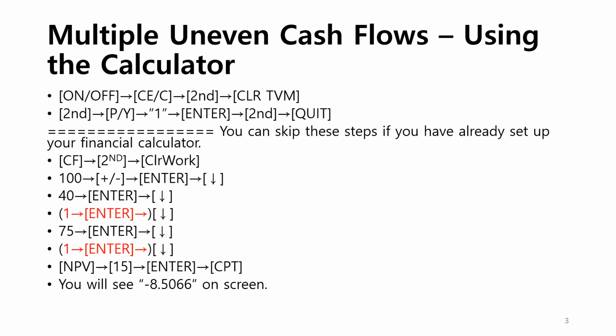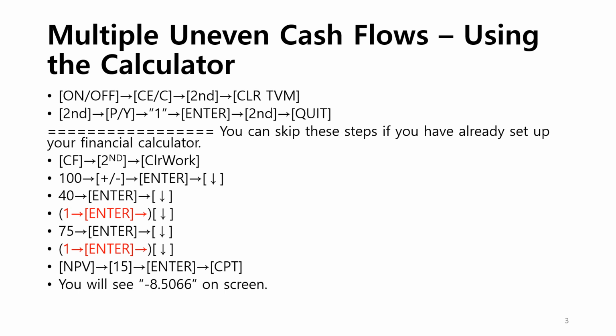So now let's see how you can solve the problem using the financial calculator. First, as I said, the CF button. The financial calculator will switch to cash flow mode. Then you have to clear the memory, second button, and clear work button. Then the screen will change. CF0 is equal to blank.